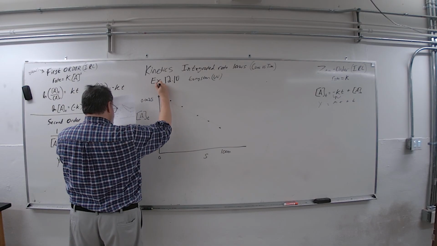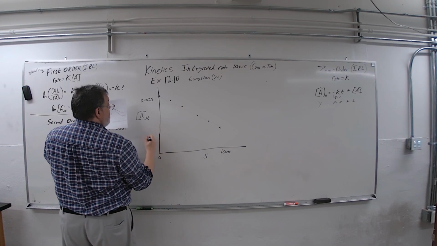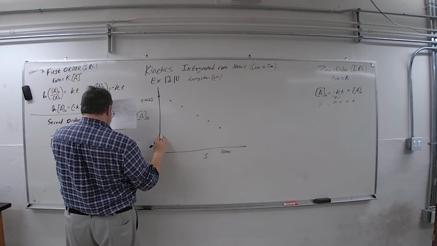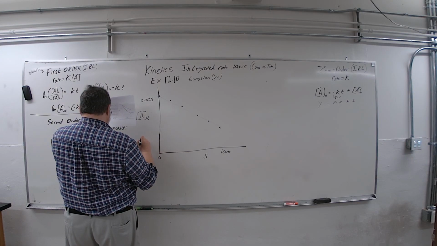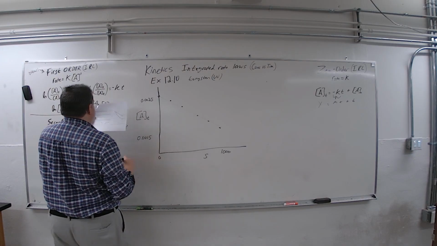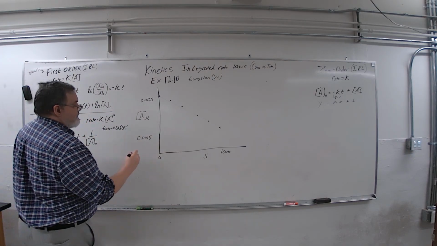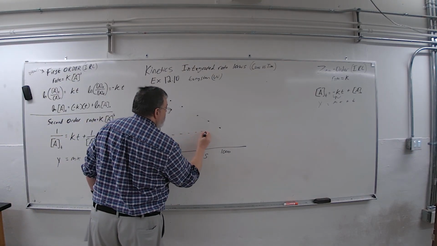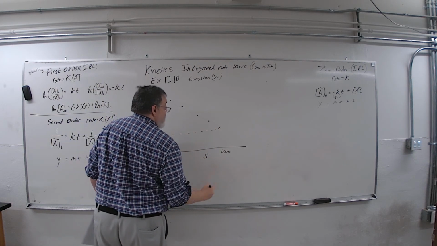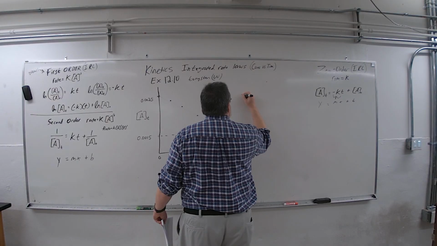So really, 2, 2, 3. And then they estimate this point to be around that point, 0 to 1,000. So we're just doing this.